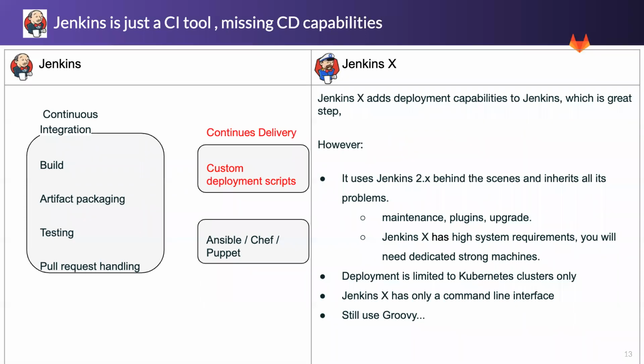So we will need a very strong machine to run Jenkins X. Another thing, at least for now, is that deployment is limited to Kubernetes clusters. You cannot deploy anywhere with Jenkins X. It comes with a command line interface. There is no UI for Jenkins X. And it still uses Groovy, which we spoke about. It's not the best language. Not everyone is happy with it.